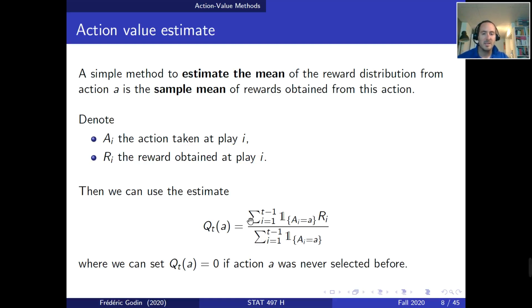So this is simply averaging all rewards obtained when the reward was drawn from lever a. This formula makes sense only if you've sampled at least once from lever a. If you've never sampled from lever a, then you can set Q_t(a) equal to 0. If you have no clue what the average is, maybe you can put 0 as an initial estimate, which might be refined later on.